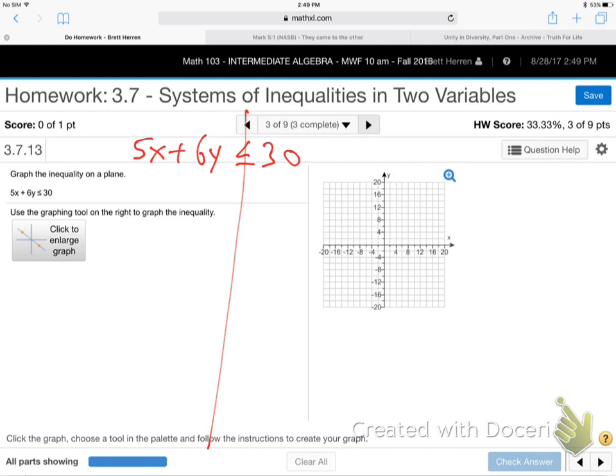So first solve for y. I'm just going to grab that 5x and jump it to the other side. What happens when you jump something to the other side? Switches signs. Becomes negative 5x.